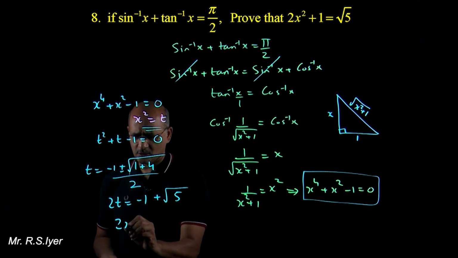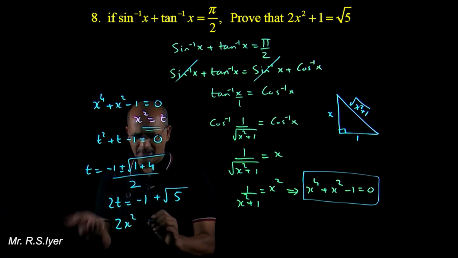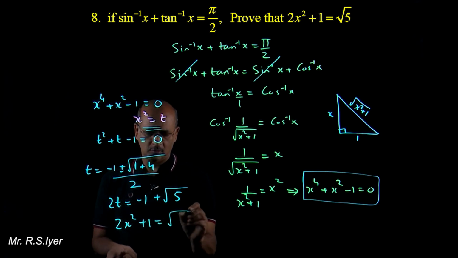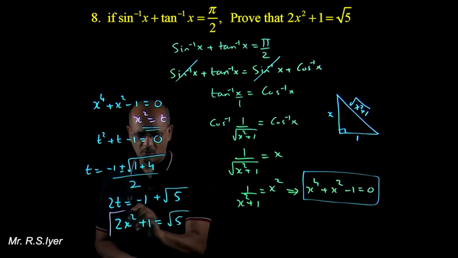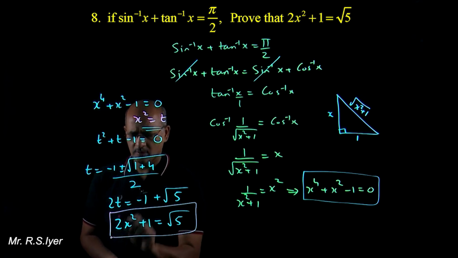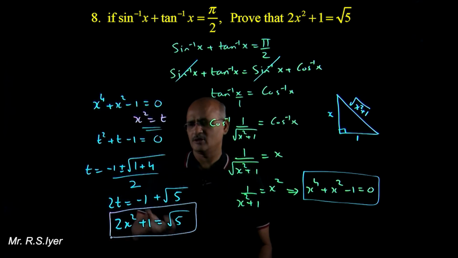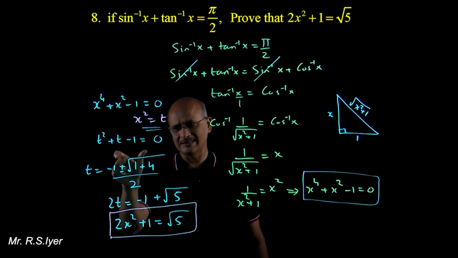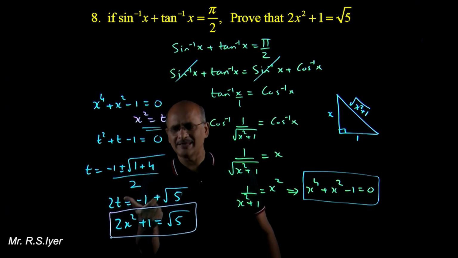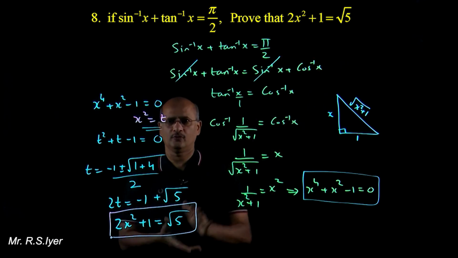So 2x square plus 1 goes this side, root 5. Don't you think you have proved what we are supposed to? I do understand you might ask me a question, why are you ignoring the negative? I am not ignoring it. I am just considering the positive and proving that part what they are asking us to prove.